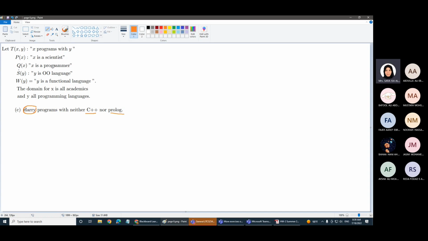There is no quantifier at all. So if they said Harry programs with neither C++ nor Prolog, program means T. Harry is the X, it is a constant value. Okay? I will put it like this.